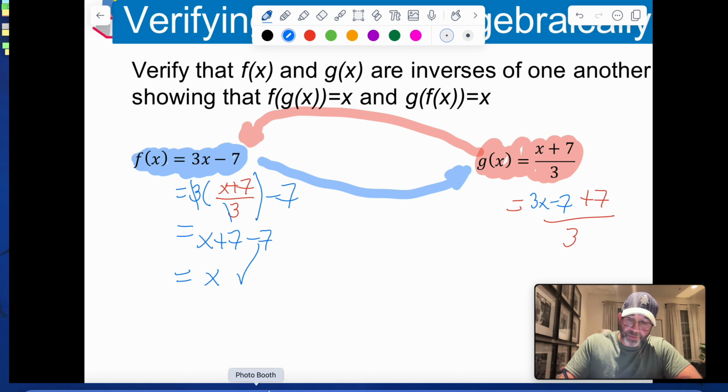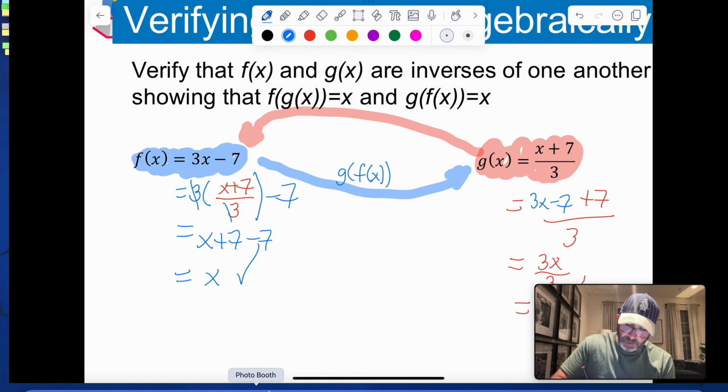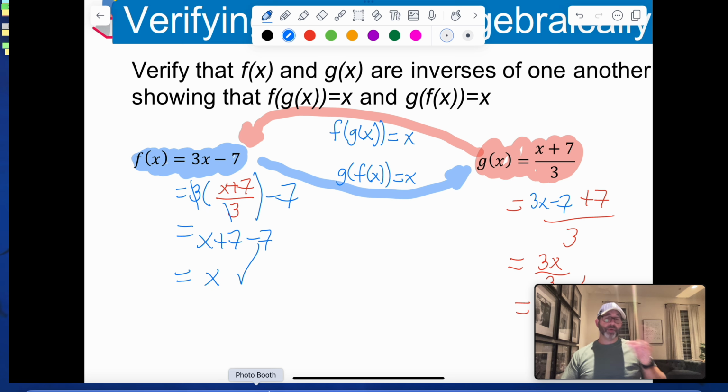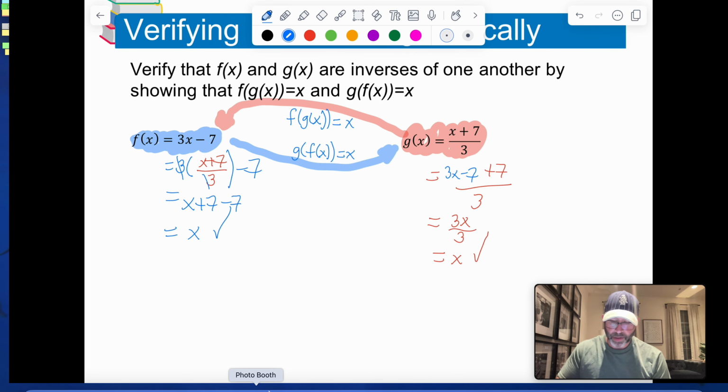If I simplify this now, we're going to have 3x over 3, which simply equals x. So this is that biconditional statement that we just proved. We just proved that when we do g of f of x, that equals x, and that when we do f of g of x, that also equals x. So we did that in both directions there, okay?